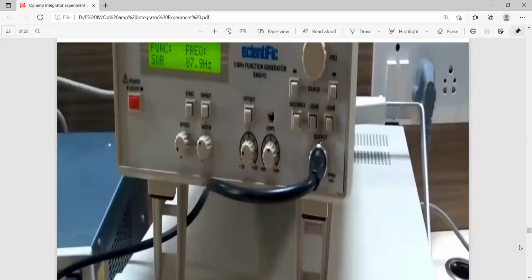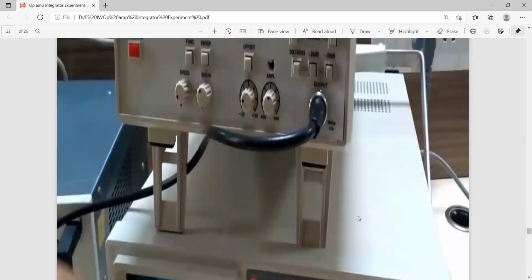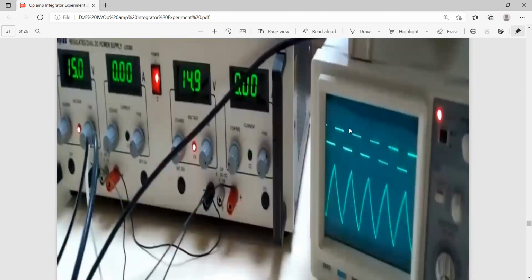In the same way, the differentiator also. For the differentiation, if you apply a square wave, the shape observed is: for positive, there is a sudden hike at the edge, then it comes down. Then for negative, a negative edge.